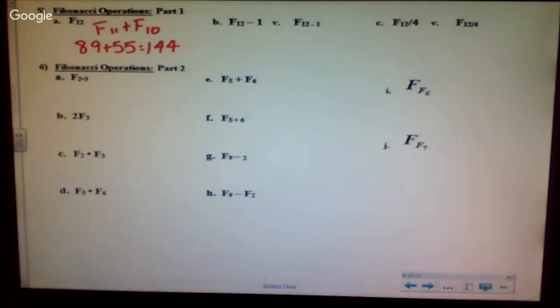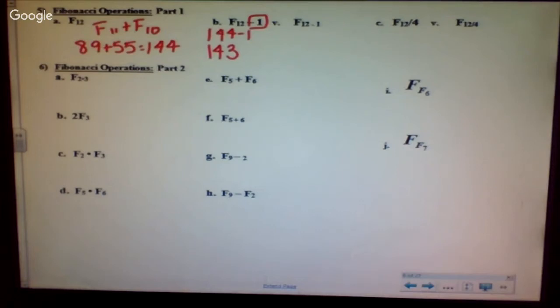Please pay attention to part B and part C as I go over this. There is a difference between f sub 12 minus 1 and f sub 12 minus 1. Take a look at where this 1 is. It's a big old 1 at the end. What this left side is saying is find the number for f sub 12 and then take 1 off. So this is 144 minus 1, which is 143.